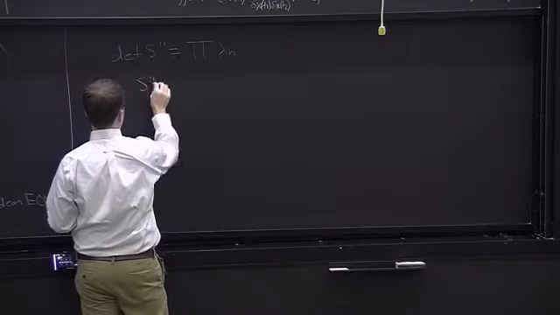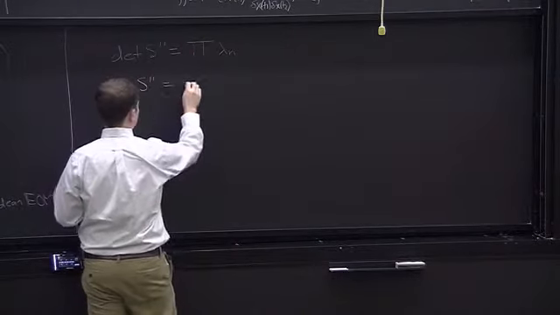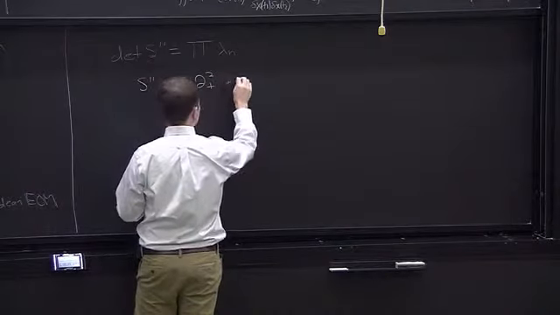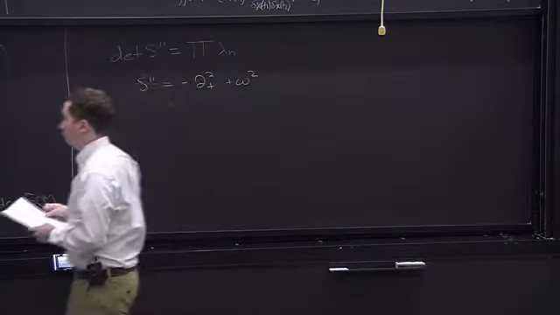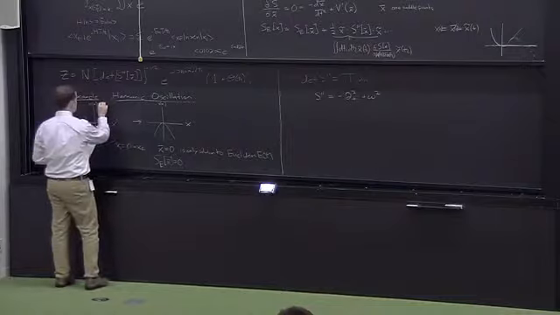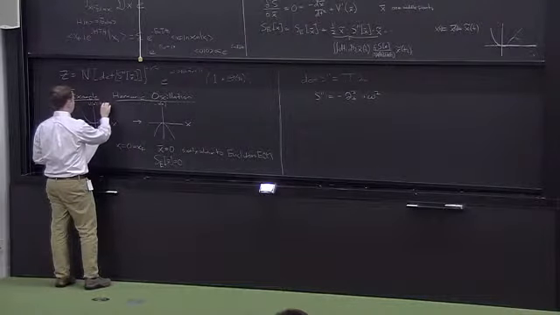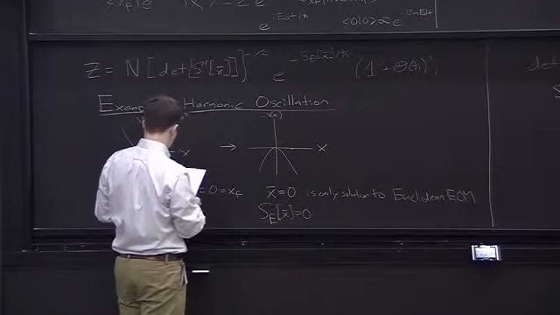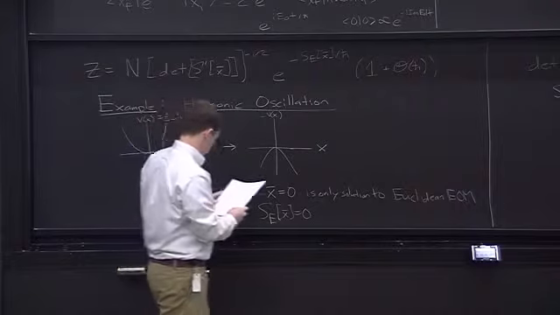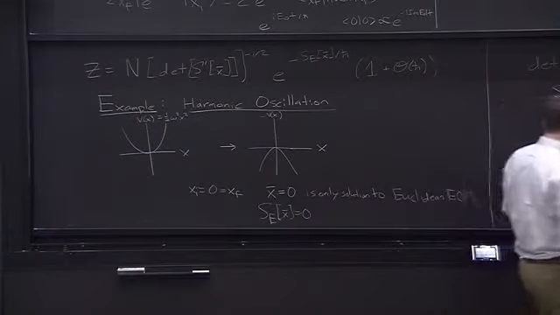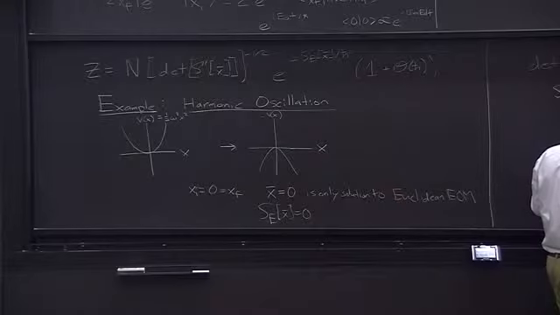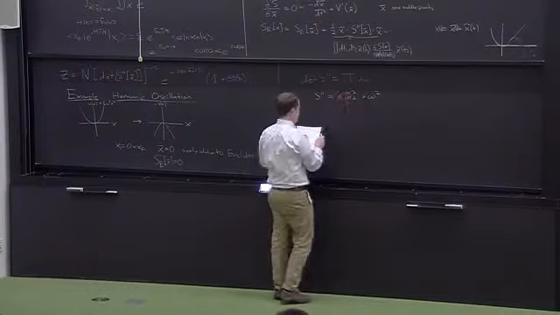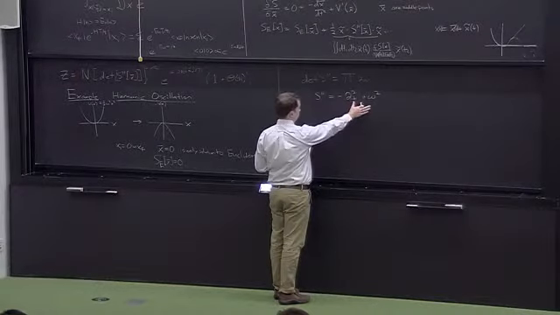So first of all, S double prime is just minus d_t squared plus omega squared, if we choose V of x to be 1/2 omega squared x squared. And so these lambdas are the eigenvalues of this operator.